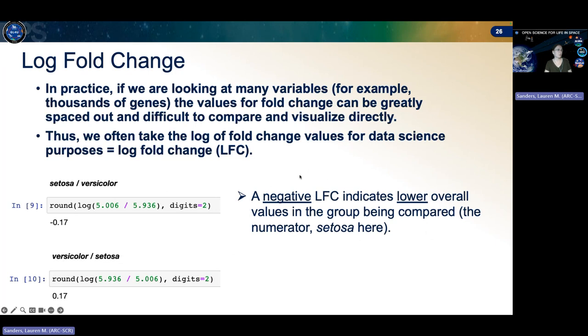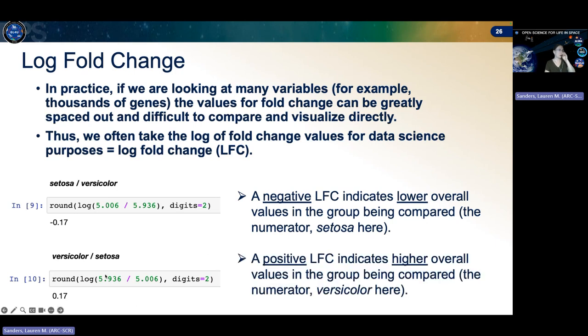So this is really easy to interpret because we know that a negative log fold change indicates lower overall values in the group being compared. So it's the numerator, that's setosa. Whereas the inverse, a positive log fold change, indicates higher overall values in the group being compared. So it's more interpretable. It's easy to quickly understand what's going on.